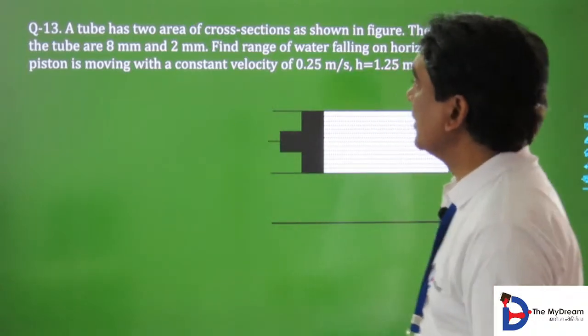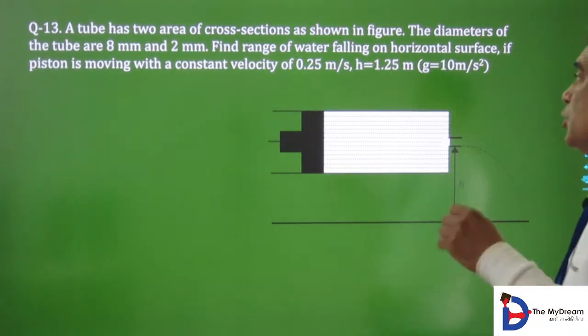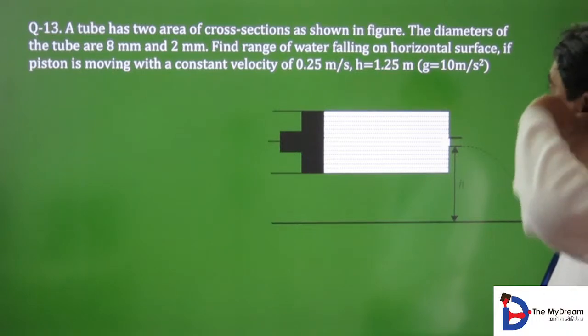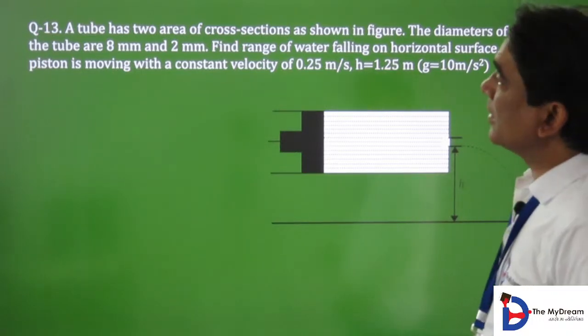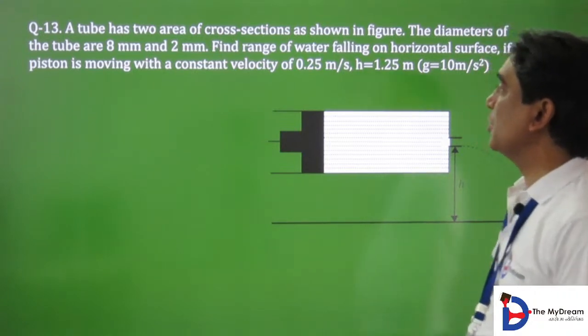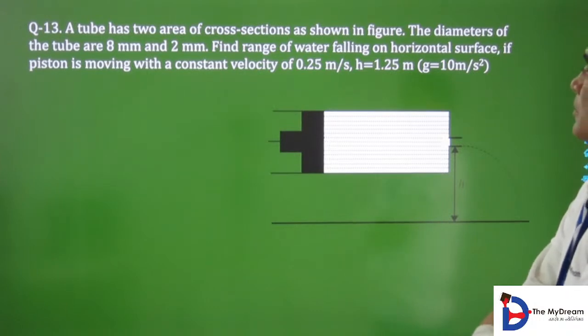A tube has two areas of cross section as shown in the figure. The diameters of the tube are 8 mm and 2 mm. We need the range of the water falling on a horizontal surface.